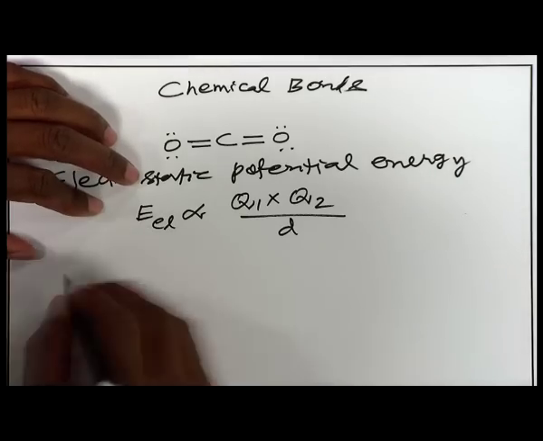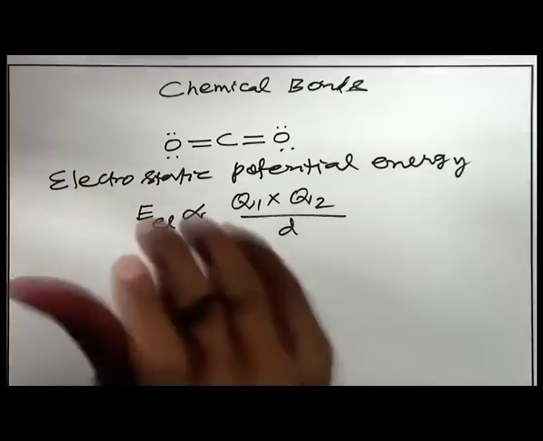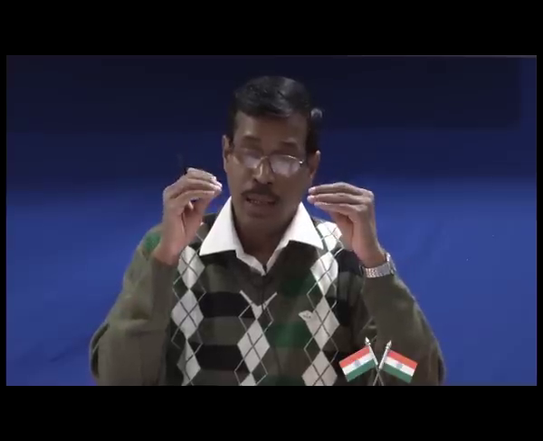Because the charge on one particle is negative and the other is positive, the product is negative. So, energy becomes negative as they approach, and it becomes further negative when the distance between the particles decreases. So, energy decreases when two oppositely charged particles approach each other.